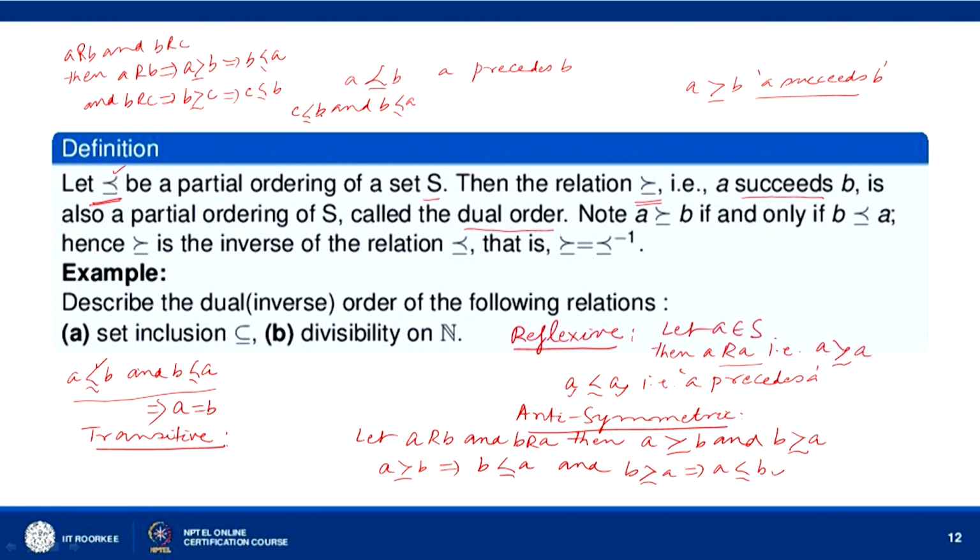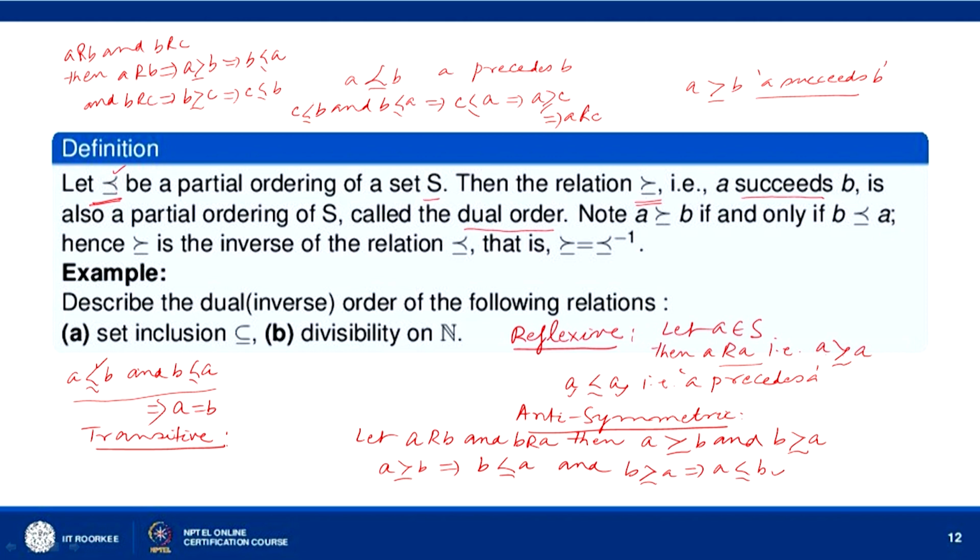So, C precedes B and B precedes A implies C precedes A, which is the same as A succeeds C. That means A is related to C.